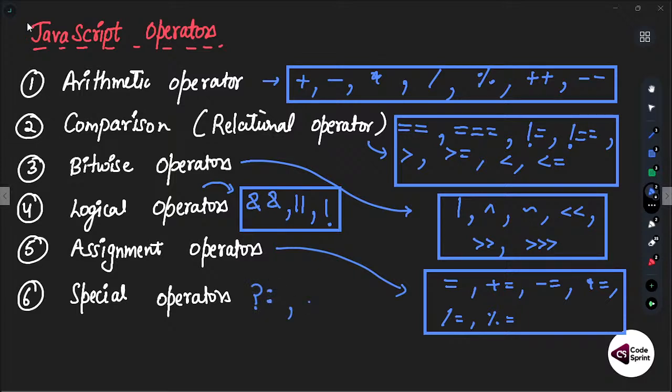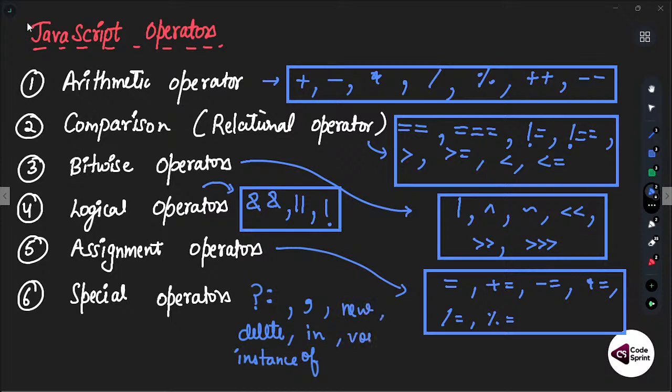Then second we have the comma one. So I will show it like this. Then afterwards we have delete. Then we have in, then instanceof, then new.